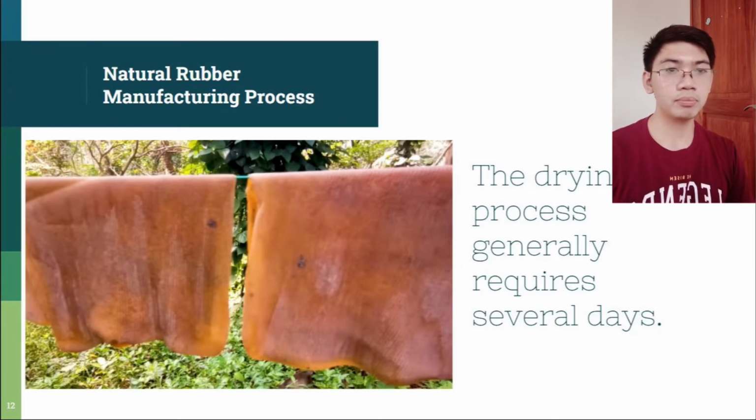The result, dark brown rubber now called ribbed smoked sheet, is folded into bales for shipping to the processor. Not all rubber is smoked, however. Rubber dried using hot air rather than smoking is called an air dried sheet. This process results in a better grade of rubber.